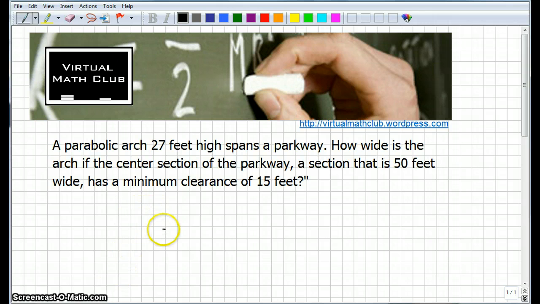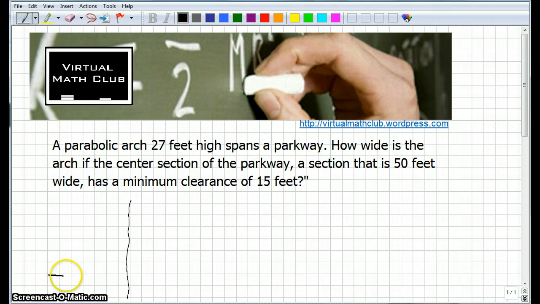So for this problem, I just took the information that they gave. We have this parabolic arch that's 27 feet high, and there's a section that's 50 feet across that has a minimum clearance of 15 feet. So I drew a picture of what that would look like, on an XY axis.